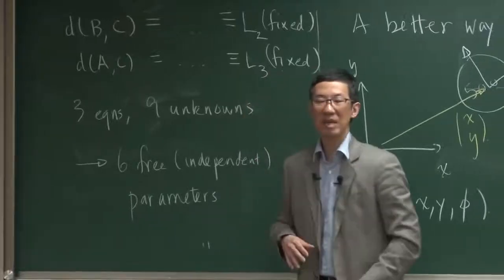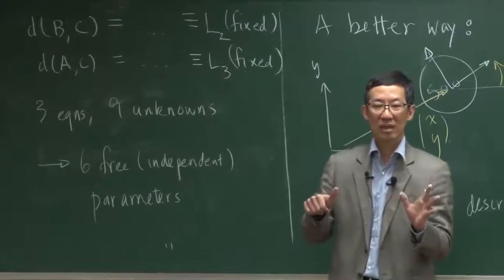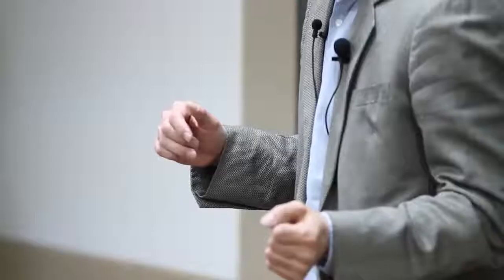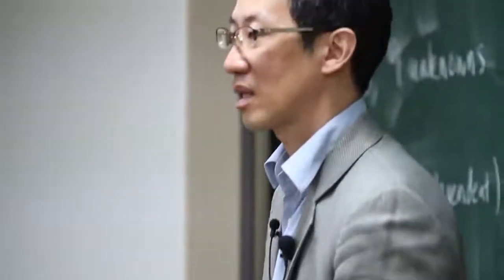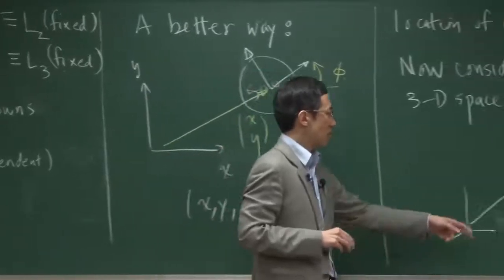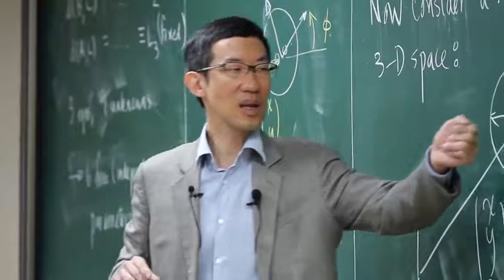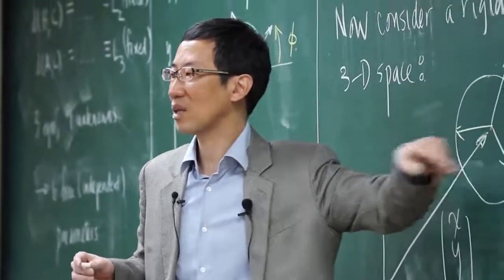That means 6 coordinates describe the position and orientation of the rigid body. We used up 3 here, x, y, z. So that leaves 3 more. That means orientation can be described using 3 coordinates.